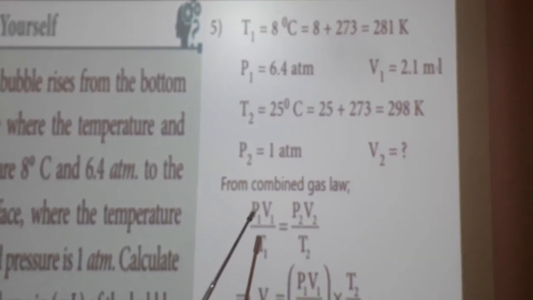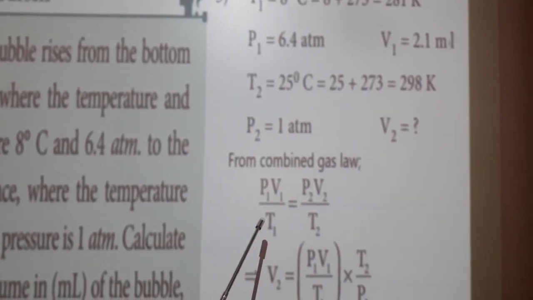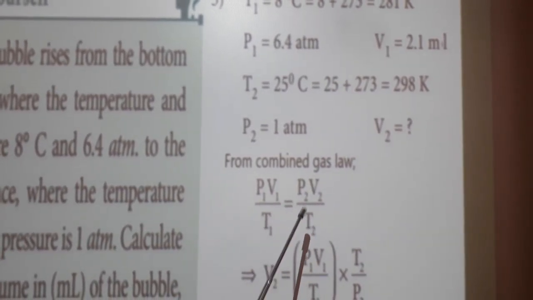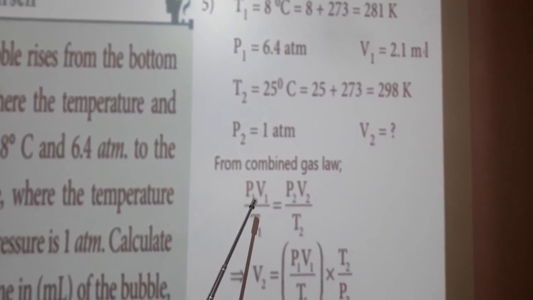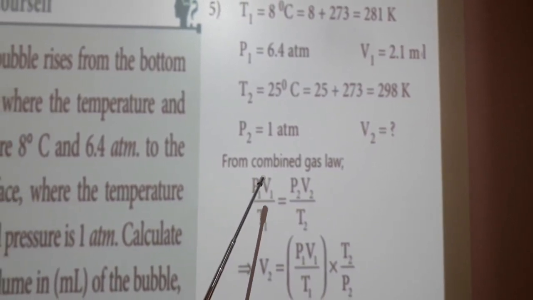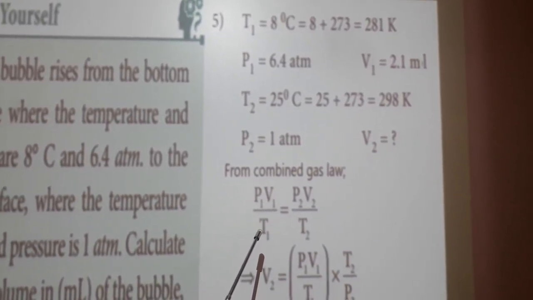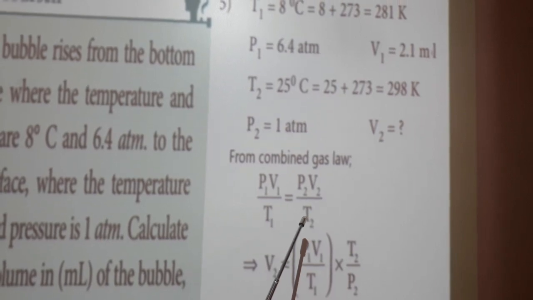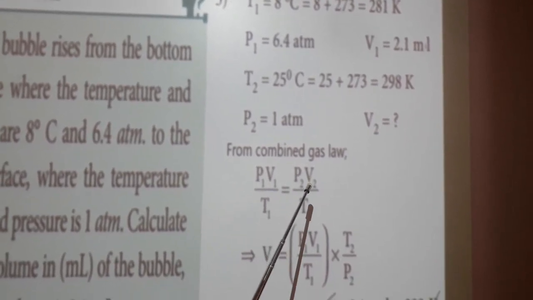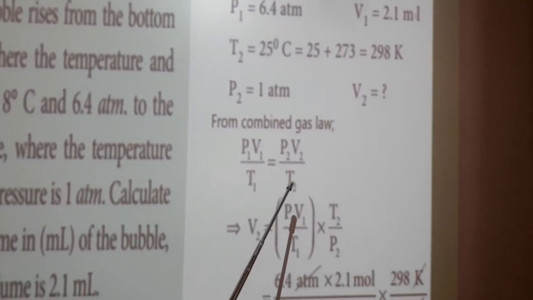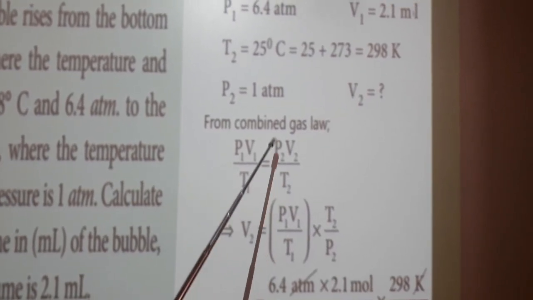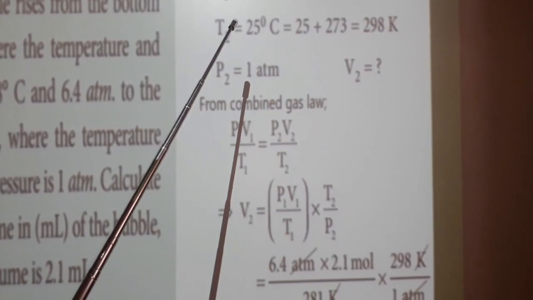The formula is P1 V1 divided by T1 is equal to P2 V2 divided by T2, where P1, V1, T1 mean initial pressure, volume and temperature, and P2, V2, T2 mean final pressure, volume and temperature. Here we have to find the V2 value. All the other values are given.